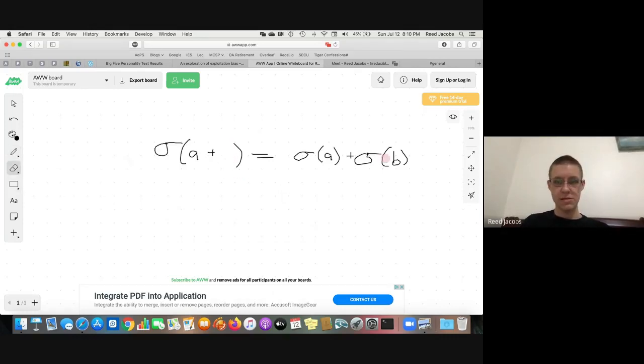So I'll change both b's to zeros. Now this is just sigma of a, because a plus 0 is a. So that means we have sigma of a on that side, and sigma of a plus sigma of 0 on that side. So we can just subtract sigma of a from both sides, and we're left with sigma of 0 equals 0.